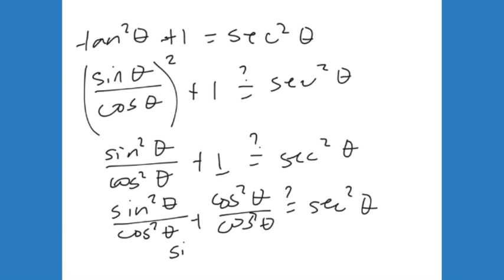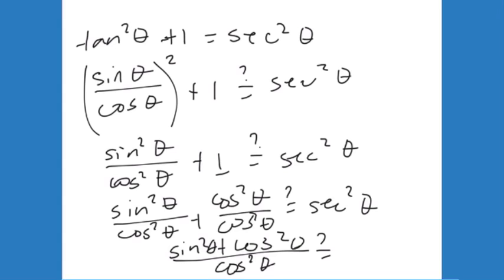So we have sine squared plus cosine squared theta over cosine squared theta is equal to secant squared theta.